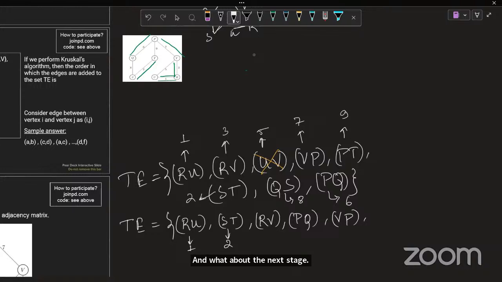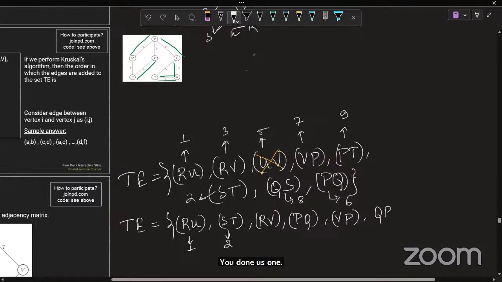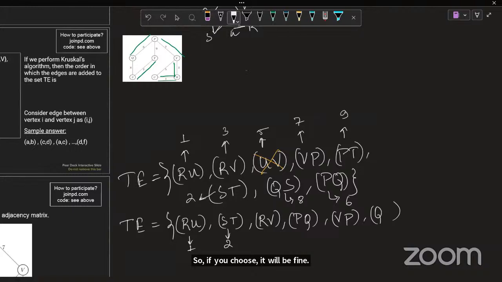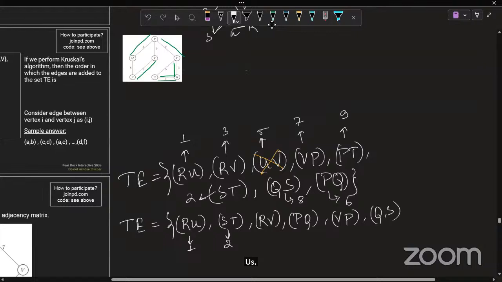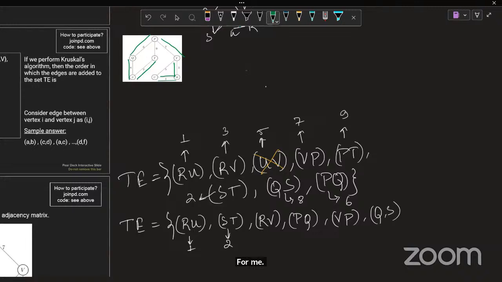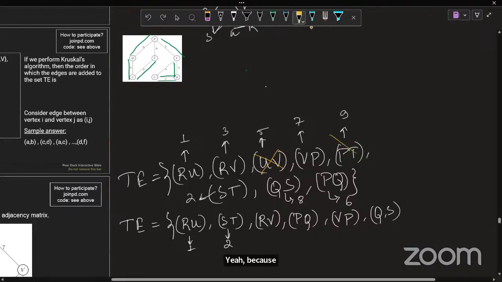PQ done. QS. If you choose QS, it will be fine. QS collected. And then what will be the next one? Already done, right? Choose PT, yeah, because otherwise it will create a cycle again. Choose PT. So this is the sequence.